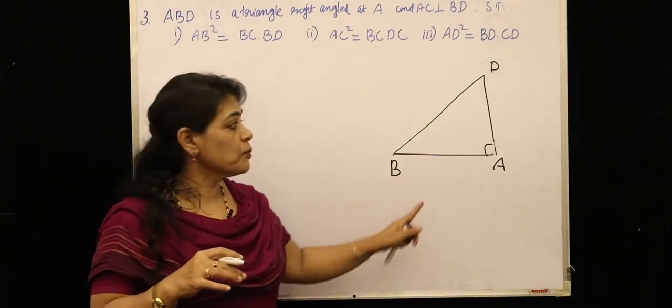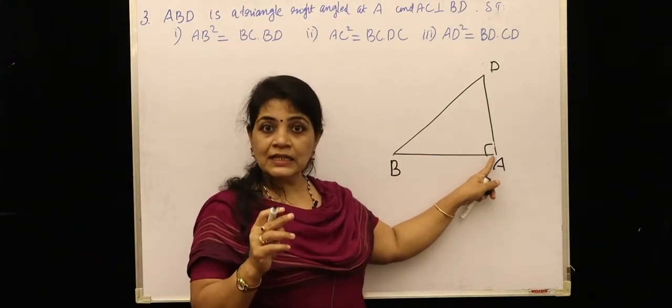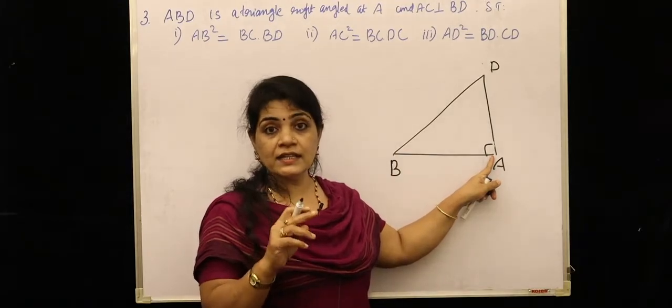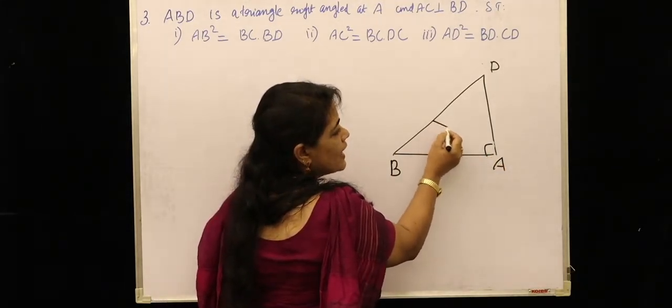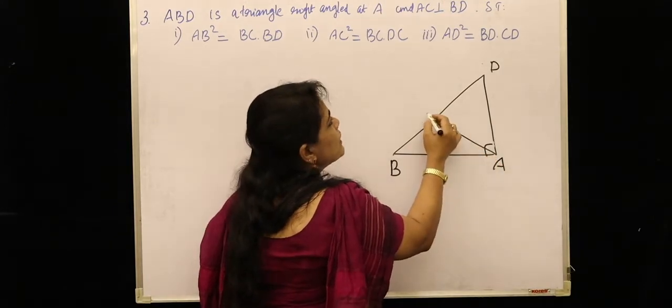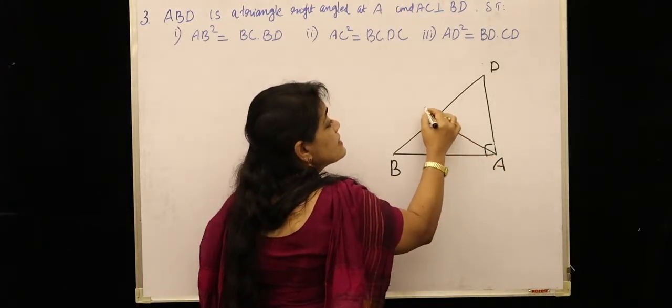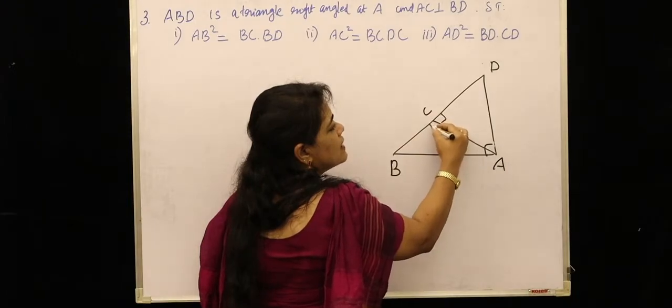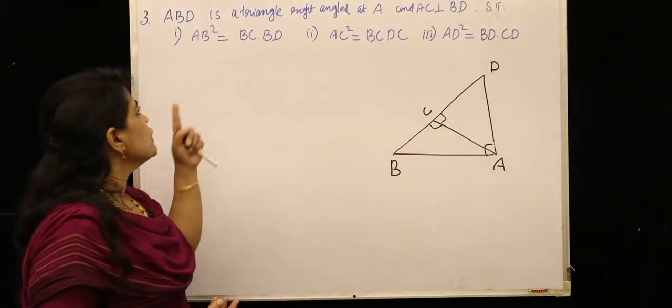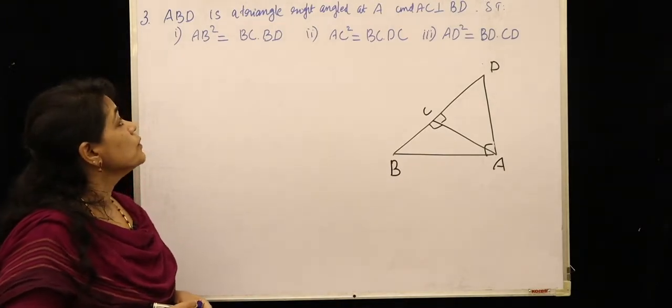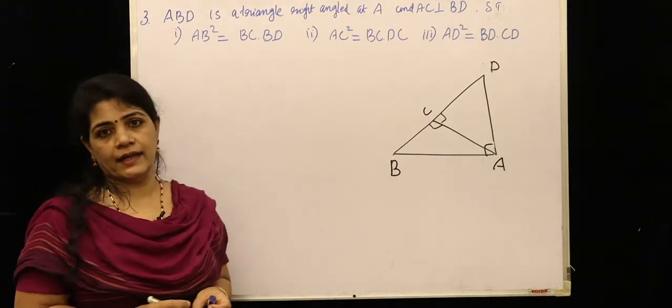Here also a perpendicular is drawn from the vertex of the right angle of a right triangle, from A. This is the right angle of this right triangle ABD. So this perpendicular is AC, which means this angle and this angle are 90 degrees. Show that AB square equal to BC into BD.